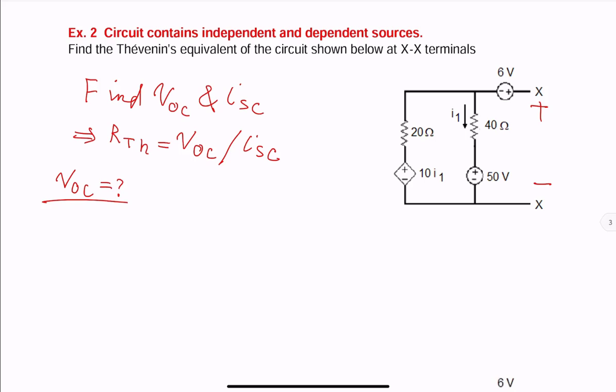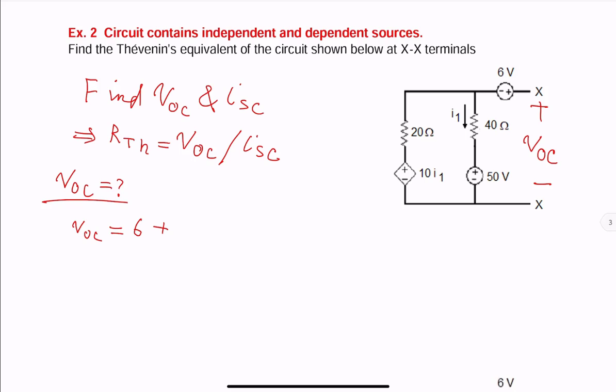At XX, it's already open circuit voltage. Write the voltage drop going from top node to the bottom node. VOC is, moving from the top X to the left, we see the positive terminal of the source, so 6 plus going straight down through the 40 ohm resistor in the direction of I1.